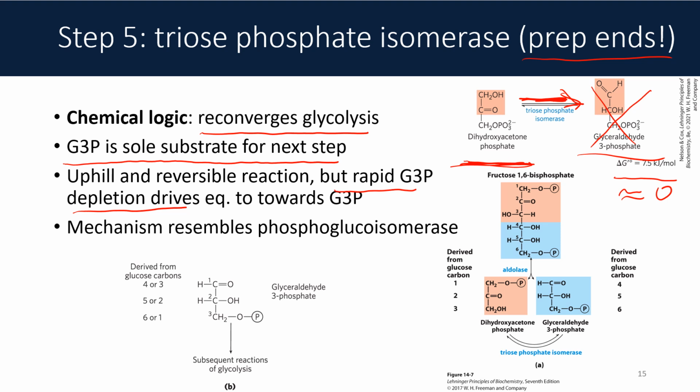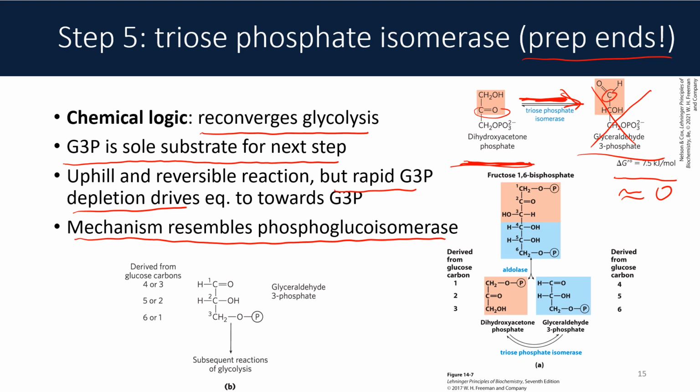The mechanism of this isomerase actually closely resembles that of phosphoglucoisomerase, which means we will form a cis-enediol to move the carbonyl from the 2 position to the 1 position.